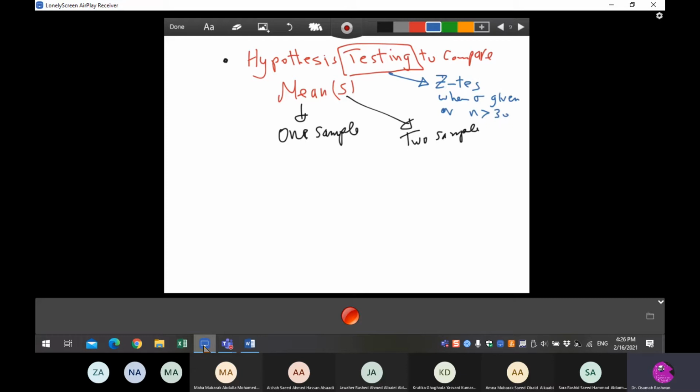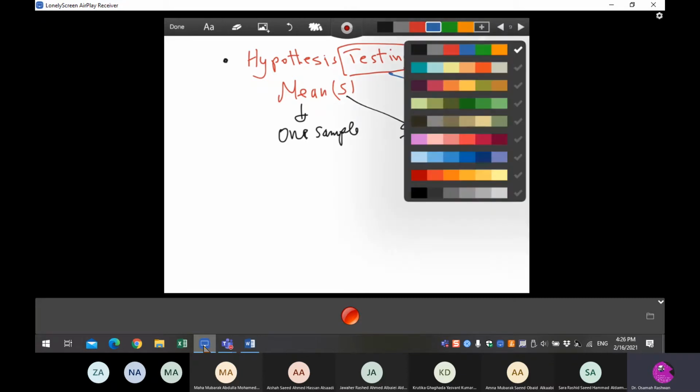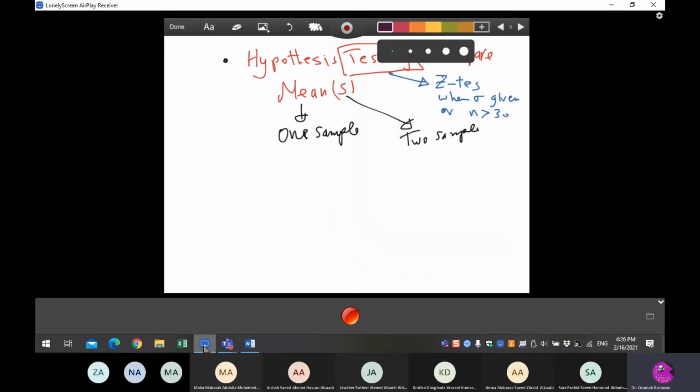What about if we don't have a sample size greater than 30 and I don't have the value of the standard deviation of the population? So you go for t-tests then: when n is less than 30 and sigma is not given.